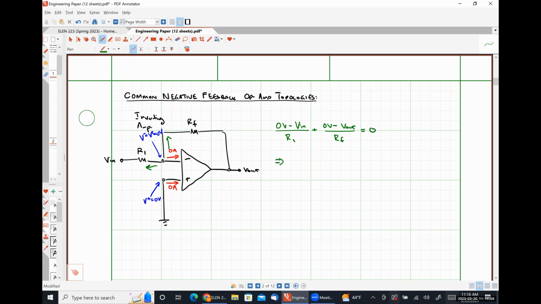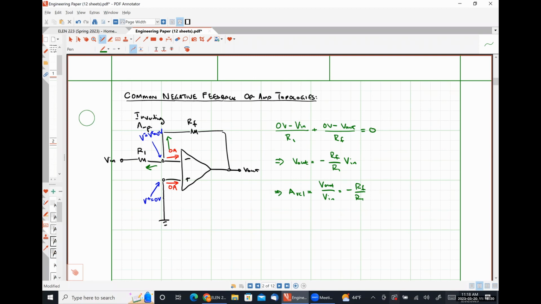Solving this, we find that V out is equal to negative RF over R1 times V in, which means our closed loop voltage gain, so AV closed loop, which will be the system output voltage divided by the system input voltage, is simply negative RF over R1.